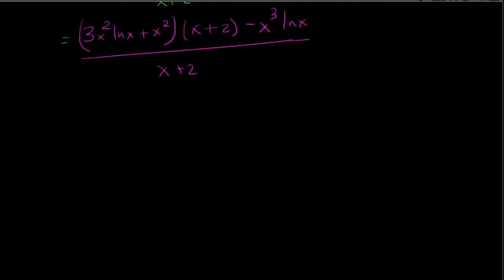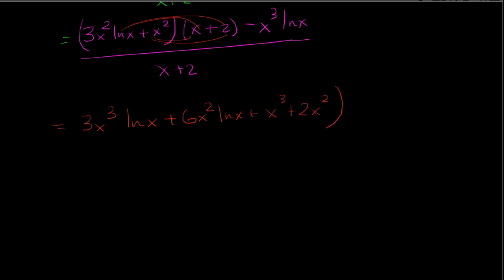Okay, the next step is to distribute, or FOIL rather. So we're going to FOIL out this thing. So we have 3x cubed ln of x plus 6x squared ln of x plus x cubed plus 2x squared. So that's all from foiling, minus the x cubed ln of x, all over x plus 2.